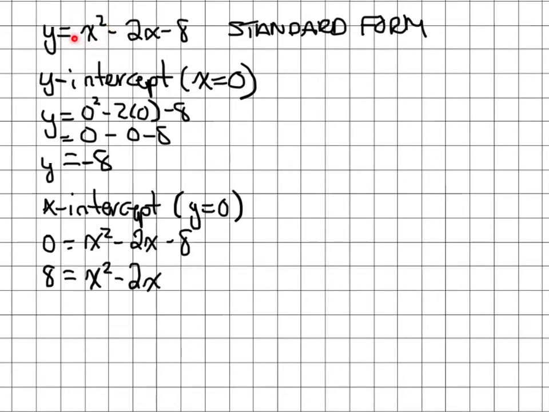So if this term's positive, it's going to open up. And if this term's negative, it's going to open down. So since this is positive, our direction of opening is up.